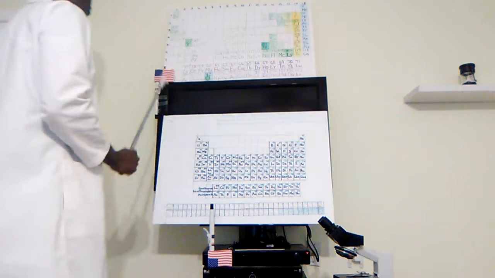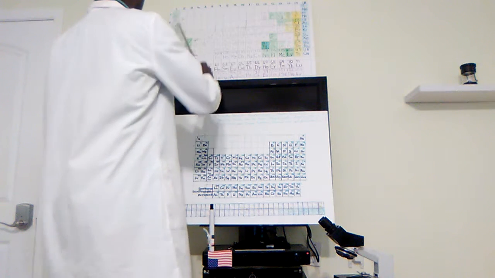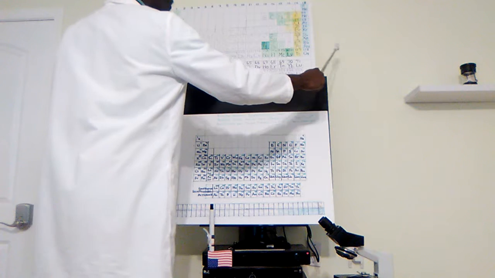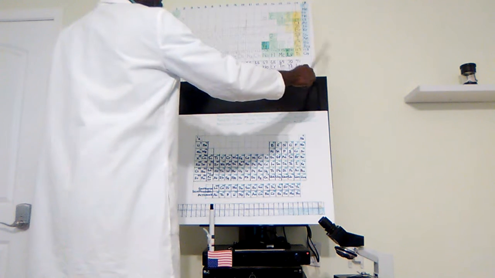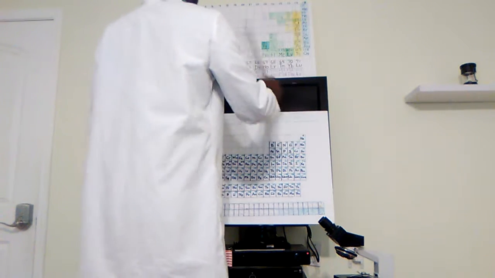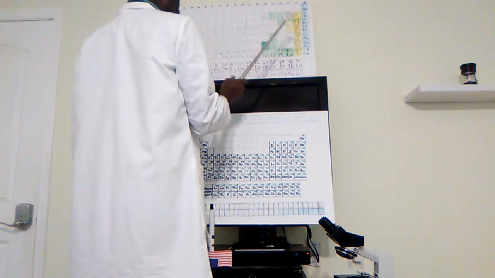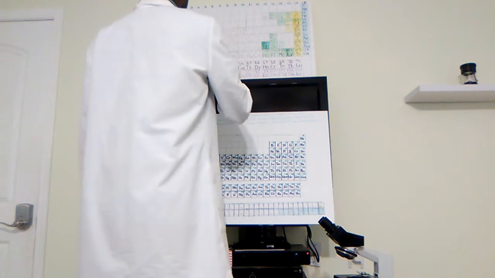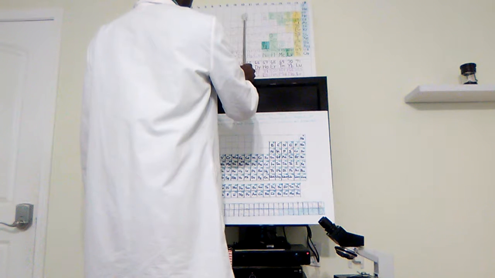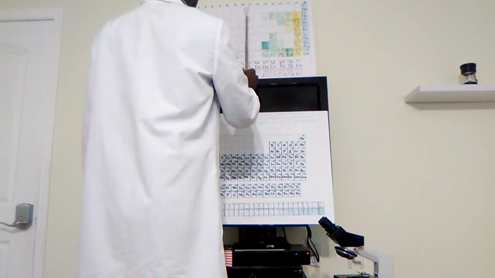In actuality, and with more precision and accuracy, what we have is a 7 by 32 matrix in certain cases, because these would be extending up to 32 instead of 18. And that would leave us with a 7 by 32 matrix, in which a lot of these elemental blocks would be void or blank.